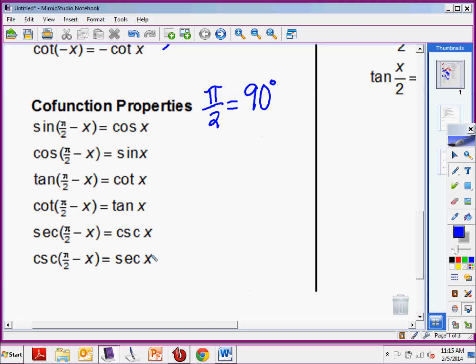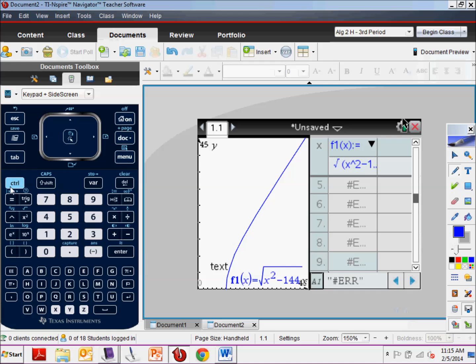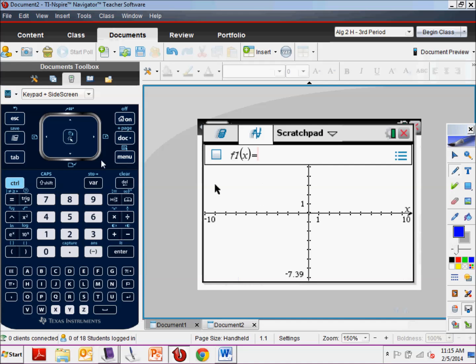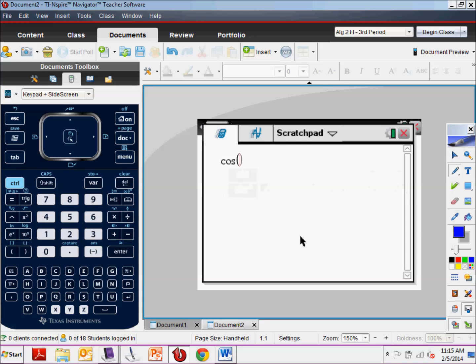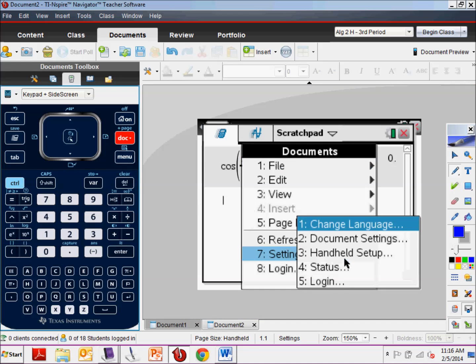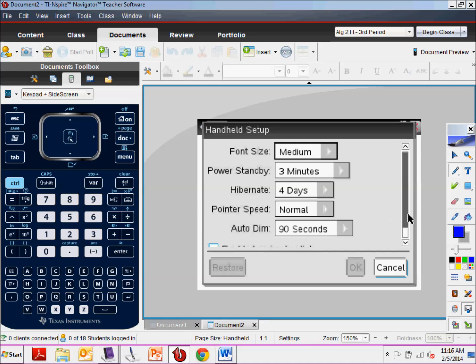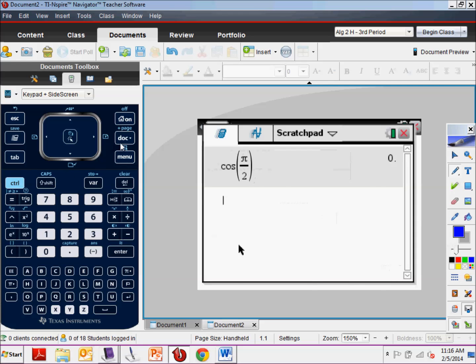So your example would be, let's say I put in the cosine of, someone give me an angle. 45? All right, 45. That's fine. It's pi over 2. And I get, what's the problem here? Can someone tell me? Is it 0? No, it's not. My calculator is in what? It's not in radians, I'm in degrees. I clicked the wrong button.